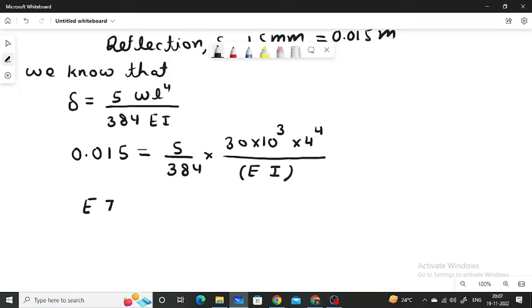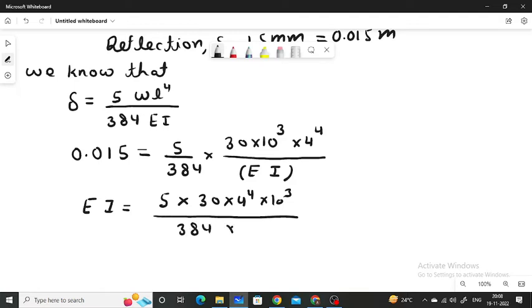E into I will be equal to 6.66 into 10 to the power 6 newton meter square.